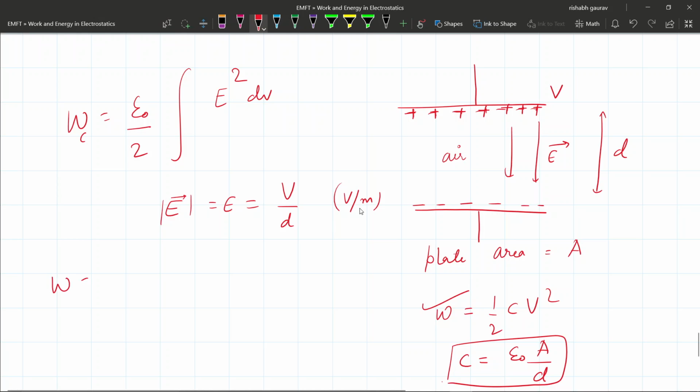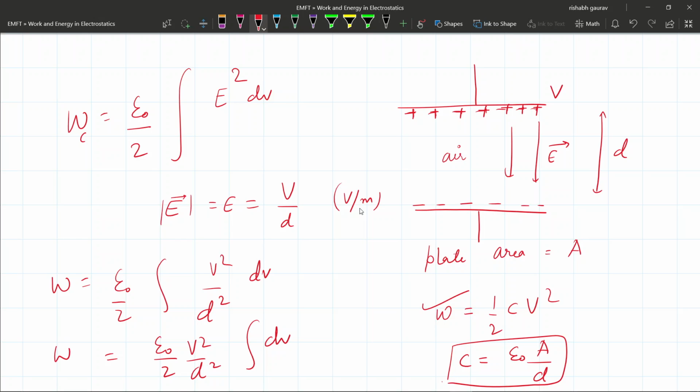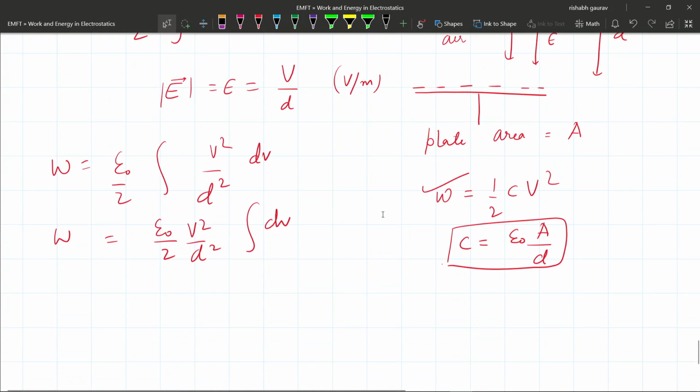So W equals epsilon naught by 2 integral of V squared upon D squared dV. Since V and D are constant, taking them outside, it will be V squared upon D squared times integral dV, and the total volume is simply the area times D, so A times D.